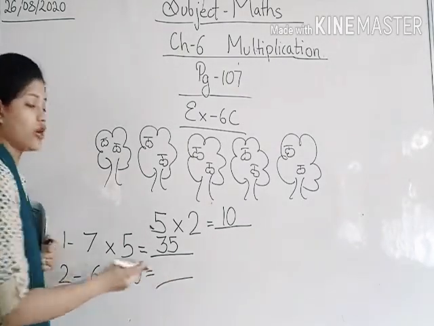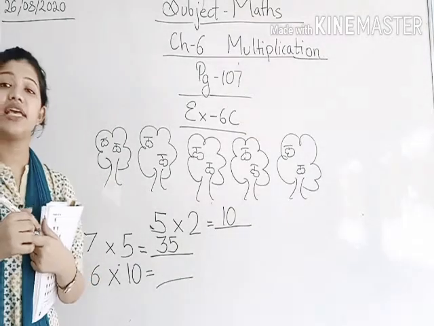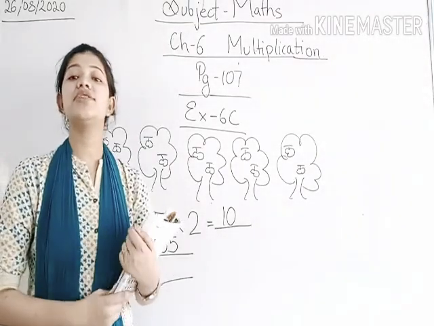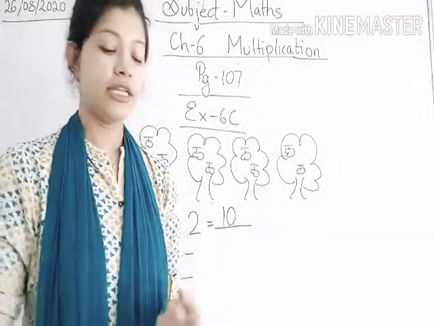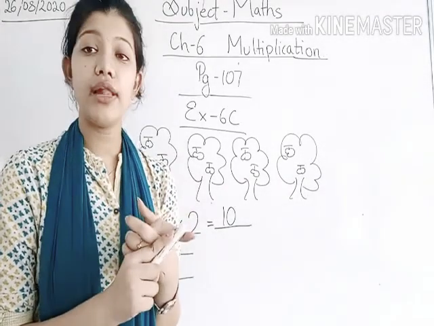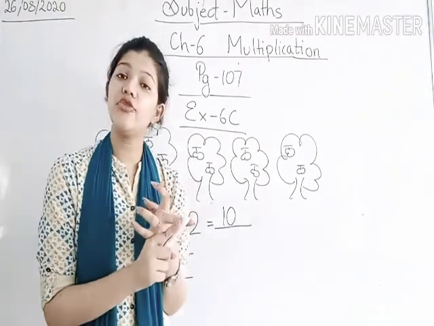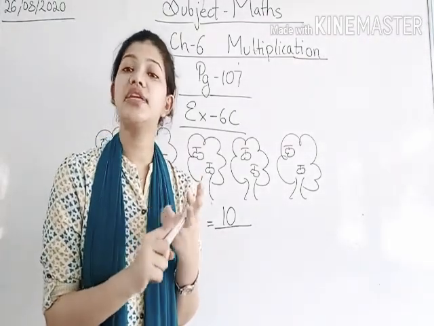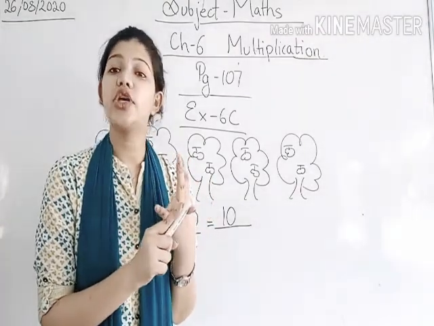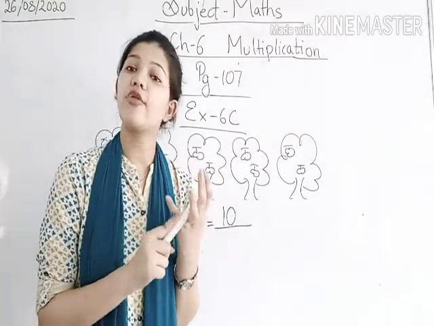Now we have to find the product. Now you can easily find it. Let's read the table of 6. How many times? 10 times. 6 ones are 6. 6 twos are 12. 6 threes are 18. 6 fours are 24. 6 fives are 30. 6 sixes are 36. 6 sevens are 42. 6 eights are 48. 6 nines are 54.